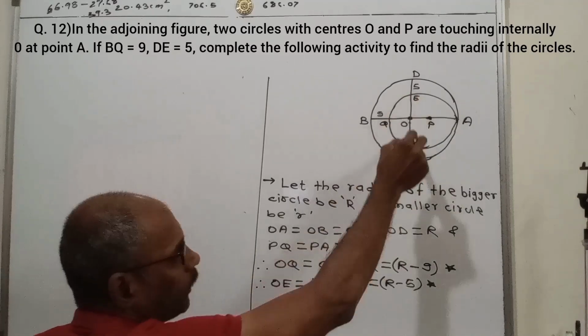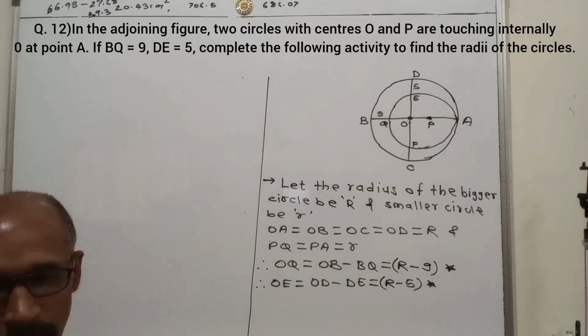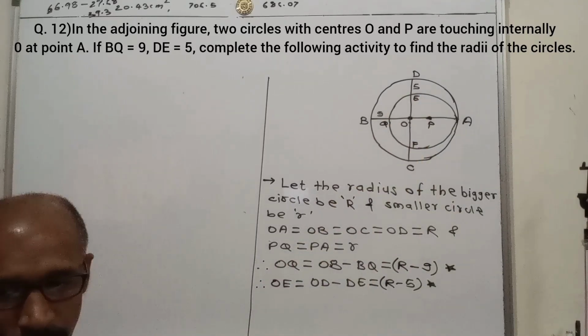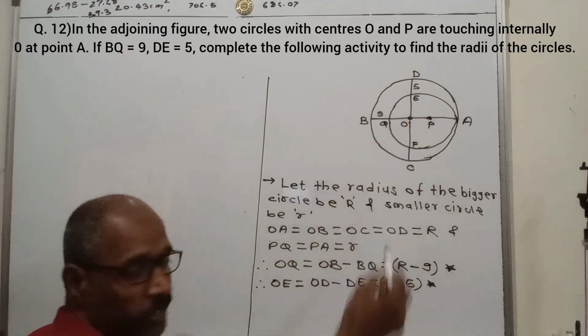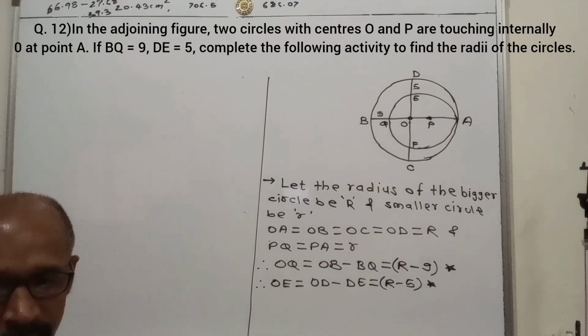Now, see this. QA and EF of a smaller circle intersect each other inside the circle.